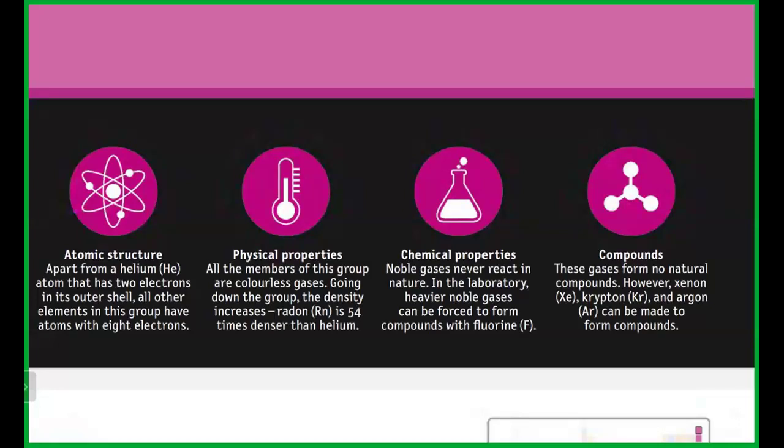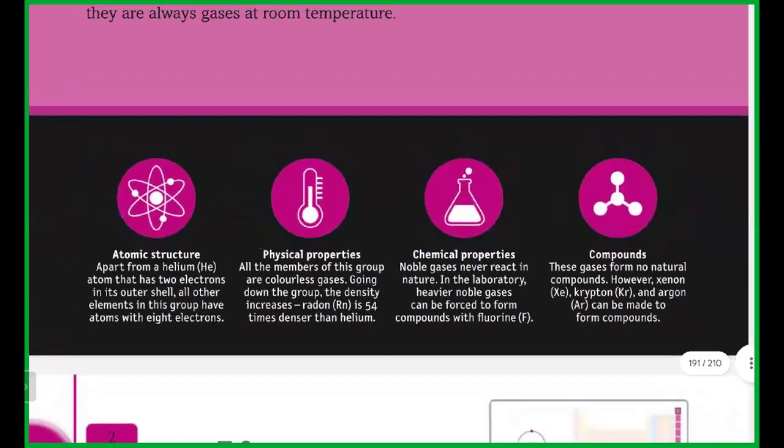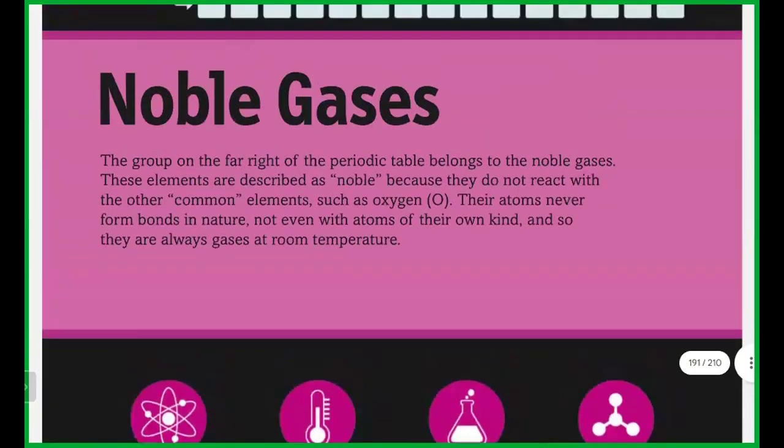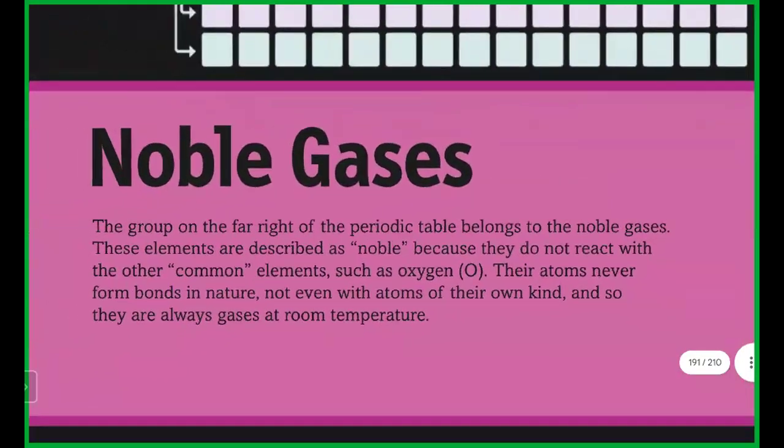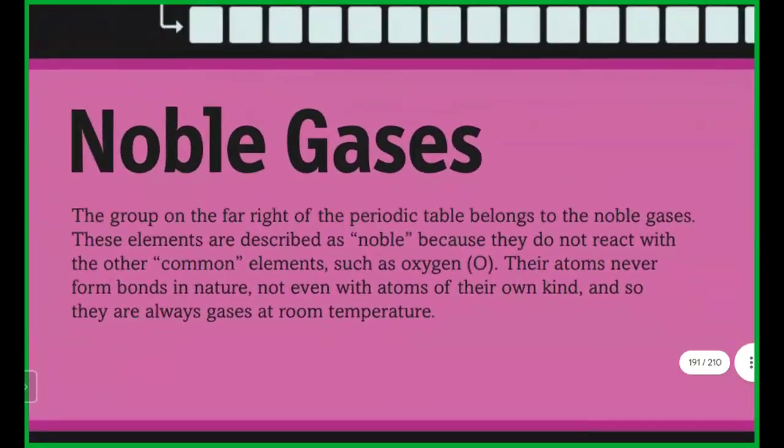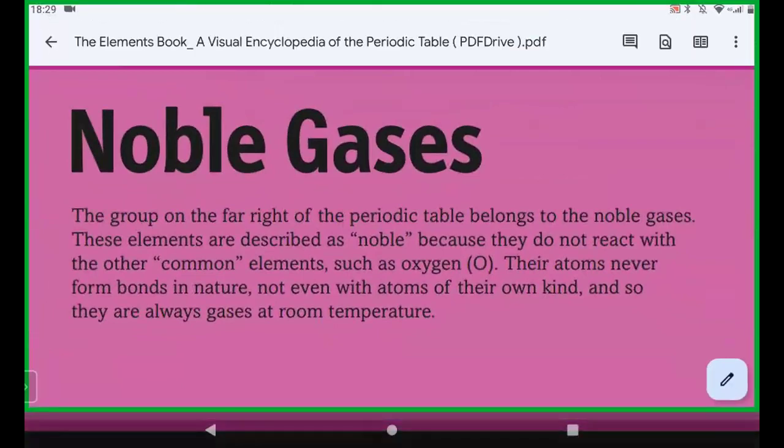So these gases form no natural compounds, like this book said. But yeah, the others have their own compounds, even though they are rare. But helium and neon don't form compounds with any other atoms in the periodic table.